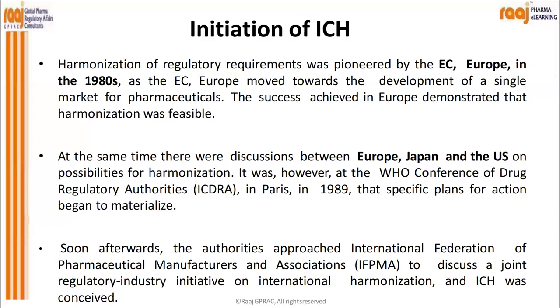However, it was at the WHO conference of regulatory authorities in Paris in 1989 that the specific plan of action began to materialize. So it began in 1989, but the harmonization of regulatory requirements was pioneered since 1980. Soon afterwards, the authorities approached the International Federation of Pharmaceutical Manufacturers and Associations, that is IFPMA, to discuss a joint regulatory-industry initiative on international harmonization, and ICH was conceived.